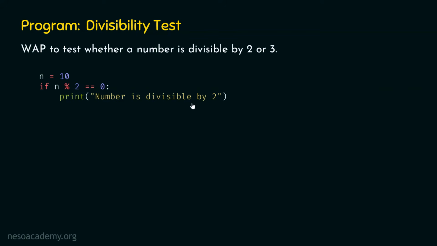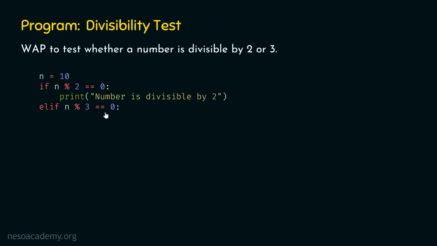Now what happens if this number is divisible by 3? We need to check this also. As in the question it is written, WAP, which means write a program to test whether a number is divisible by 2 or 3. We must check the divisibility by 3 as well. Therefore, we should type elif n mod 3 equal to 0. This time we divide the number by 3 because we want to check whether the number is divisible by 3 or not.